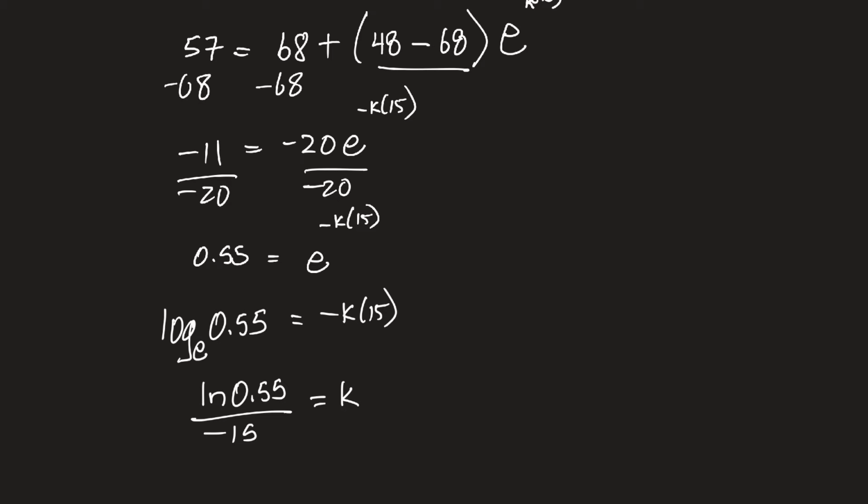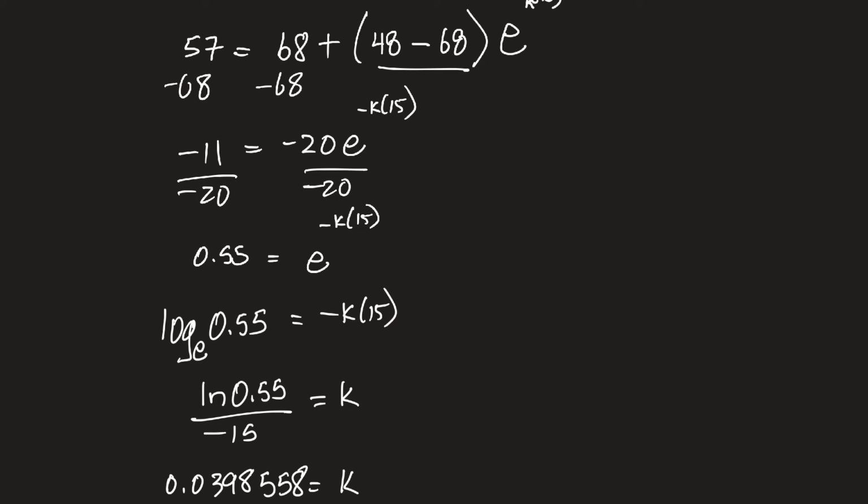Functions, ln of 0.55, bracket, divide negative 15. There we go. So my constant of cooling is 0.0398558, etc.